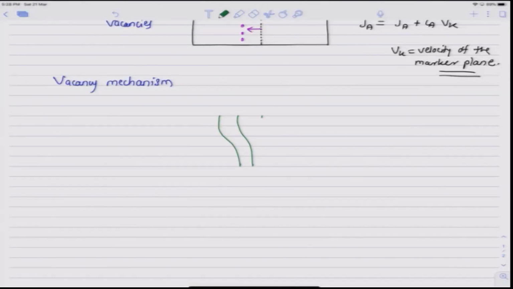So, if we consider an edge dislocation, and suppose there is a vacancy which comes closer to a dislocation line. Now, the vacancies may be somewhere there in the bulk.